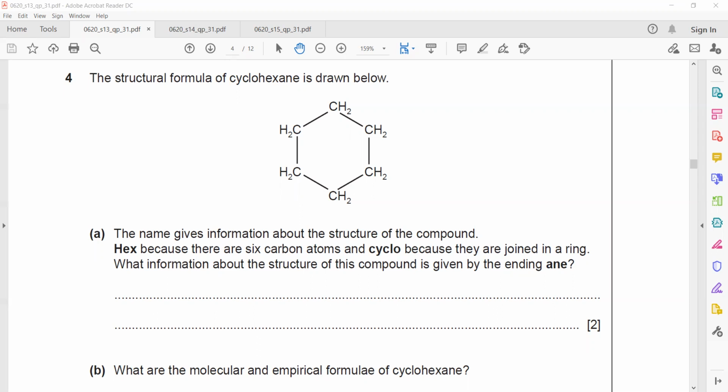So you have to mention that it is an alkane or a saturated hydrocarbon which has carbon-carbon single bonds. So 1 mark is for mentioning it's a hydrocarbon, because a hydrocarbon can be alkane, alkene, or alkyne, and the second mark is for mentioning that it has a carbon-carbon single bond.